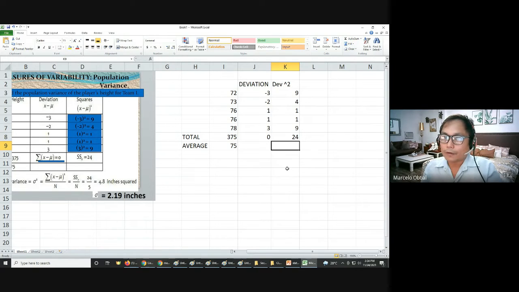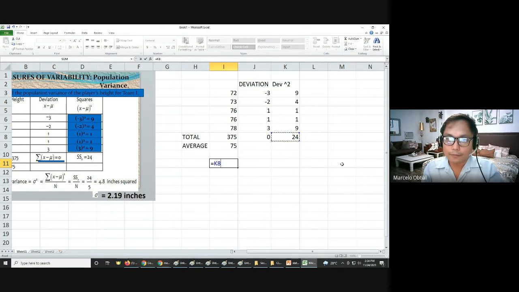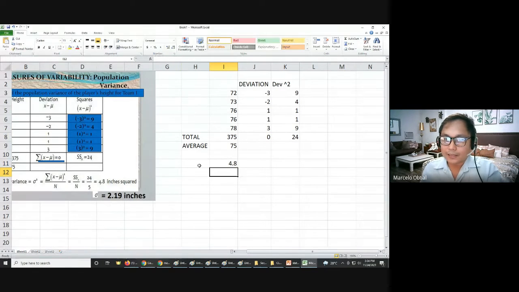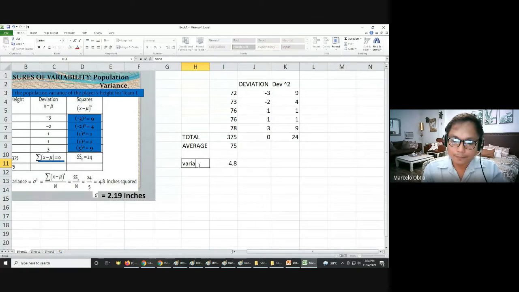Okay? So after nito, the formula said that you need to divide the sum of squares here, which is 24, divided by the number of, since this is population, 5, no? This is 5 players in given. So this is the variance. Okay, the standard deviation, lagyan ko ng population class, pwede kang malito.